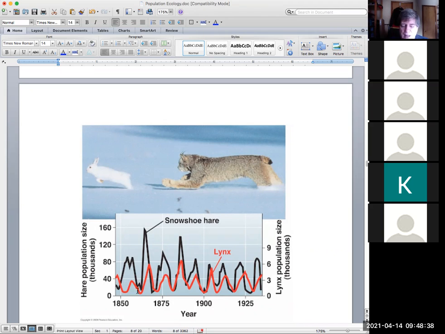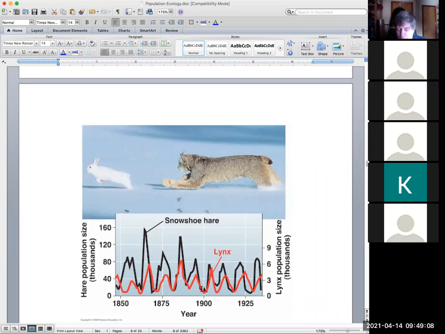But in terms of the population curve, notice that there are really big swings in the population size. This is especially noticeable for the snowshoe hare. But if you think about it, the population swings for the lynx are just as drastic. It's not as obvious because there aren't as many lynxes. But if you look, the population gets as high as about 6,000.